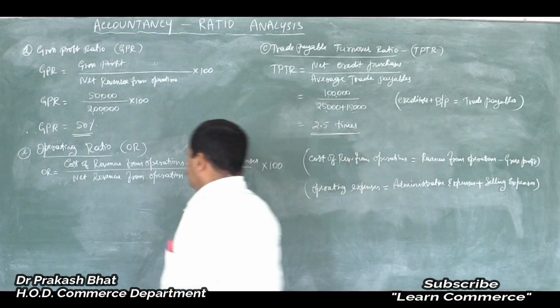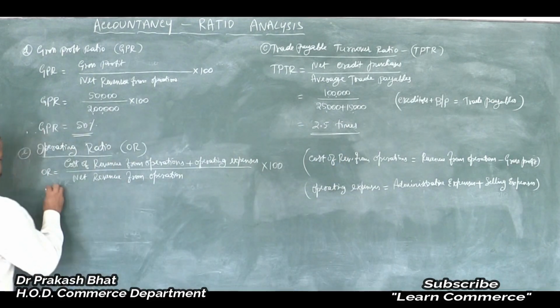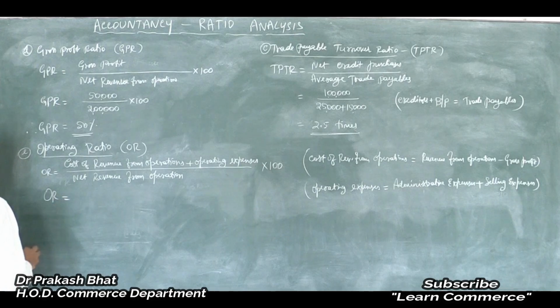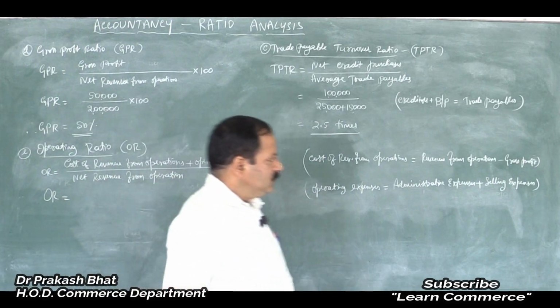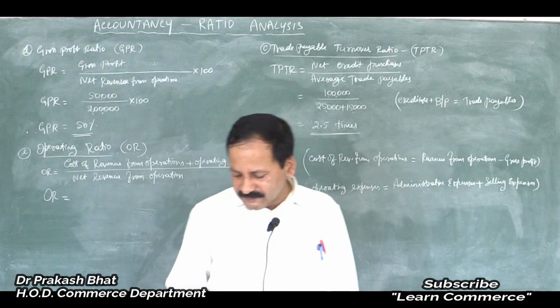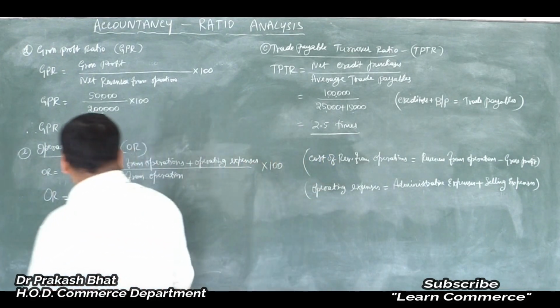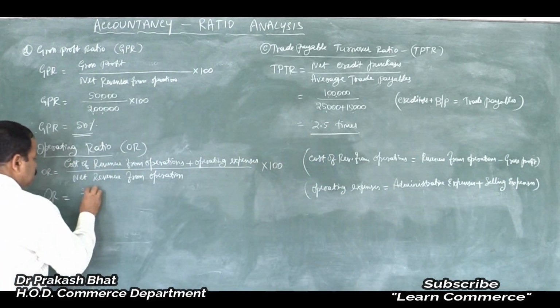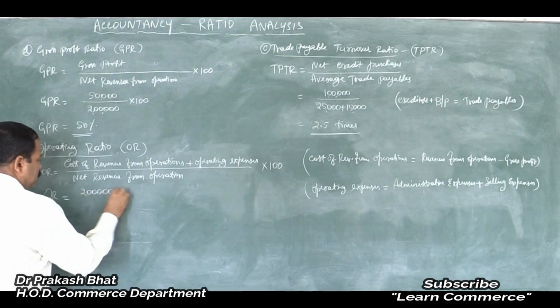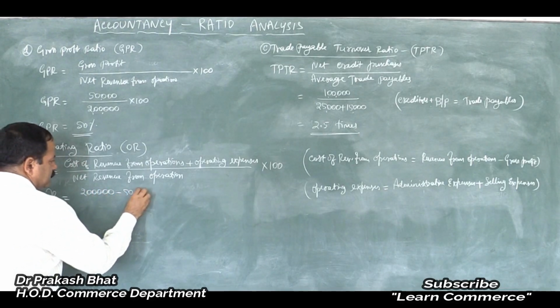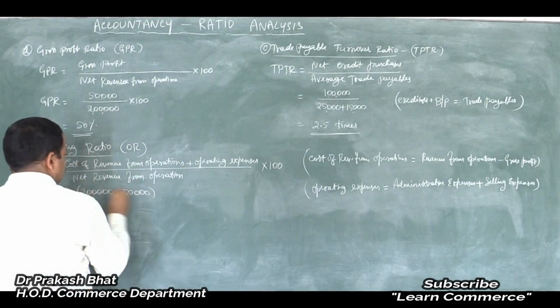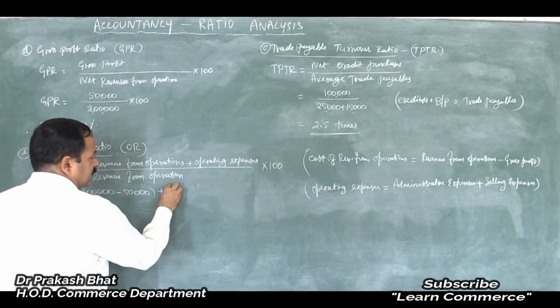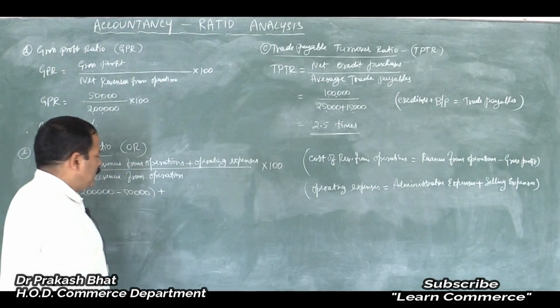So here OR is equal to cost of revenue from operations, how much is it? That is 2 lakh minus 50,000, right? Plus operating expenses, how much?